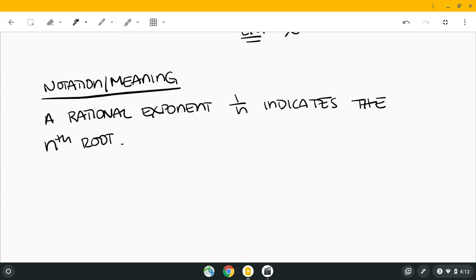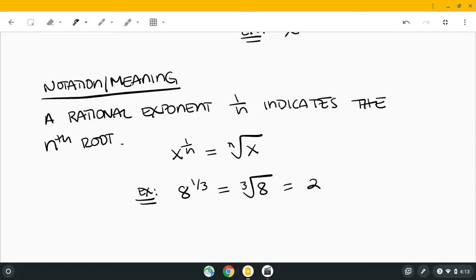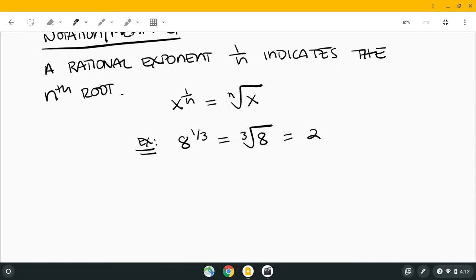So if I have something like x to the 1 over n, then this just means the nth root of x. For example, if I have 8 to the 1/3, this is the same thing as saying the cube root of 8, which is going to be 2. So it's just another way to write radicals.